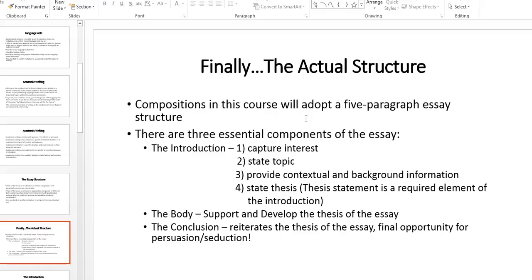All academic writing must have these components in this order. It must have an introduction, it must have a body, and it must have a conclusion, right? No matter how long it is, you can have a scholarly article that is, I don't know, 60 pages long, and you compare it against a student essay that is 3 pages long.